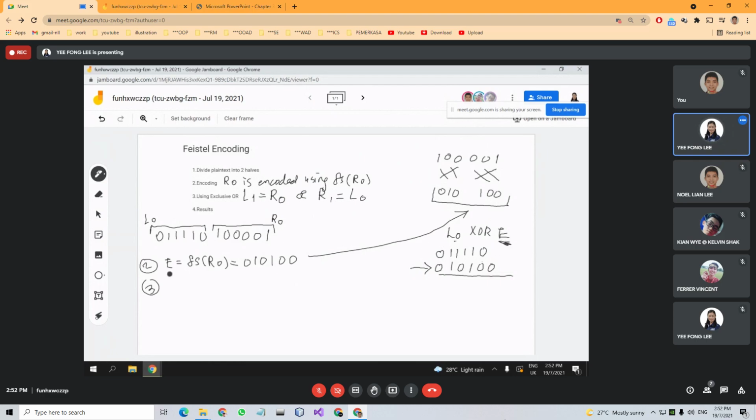And then we have the result here. L0 means the left-hand side from the initial step. So we have 0, 1, 1, 1, 1, 0. Any question for this one? Can you see my circle, when I circle this one?